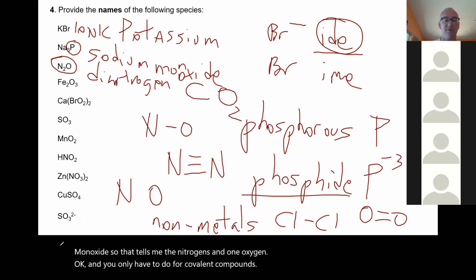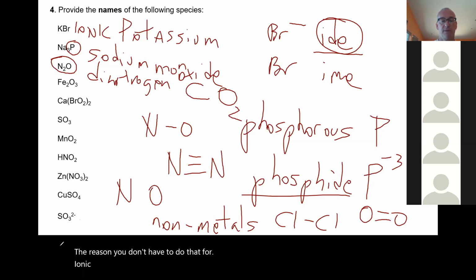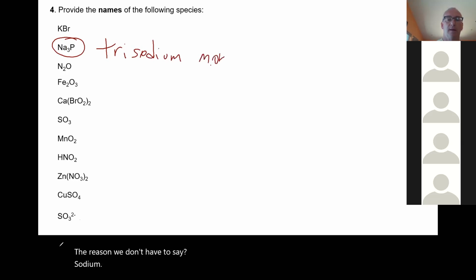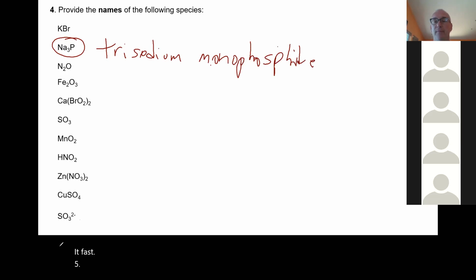The reason you don't have to do that for ionic compounds, let me show you. So let's go back to sodium phosphide. The reason we don't have to say trisodium monophosphide, that's not the name of it, is because sodium always has a charge of +1.